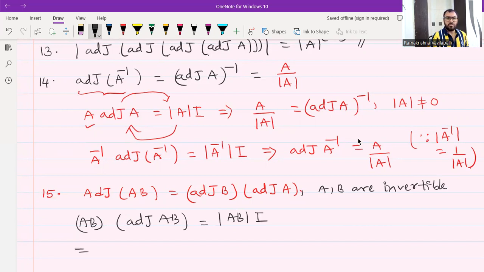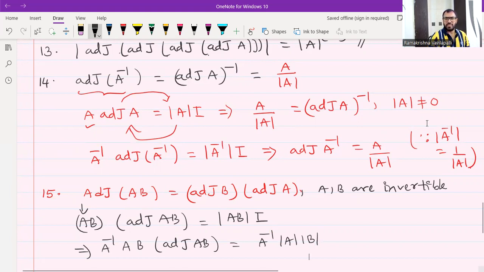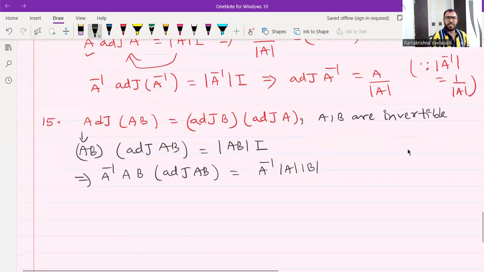Now you see, on the left side we have A, you multiply with A inverse. So A inverse into A into B and adjoint of AB equals A inverse into det A into det B. Anyway, A inverse into I is nothing but A inverse. Now this becomes I, so I into B is B. Now multiply with B inverse.